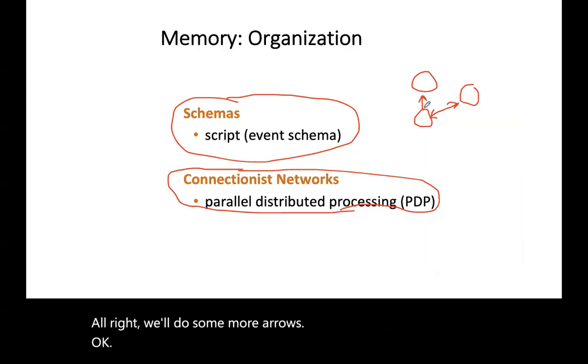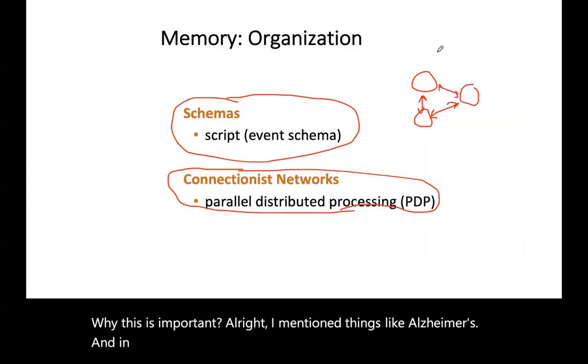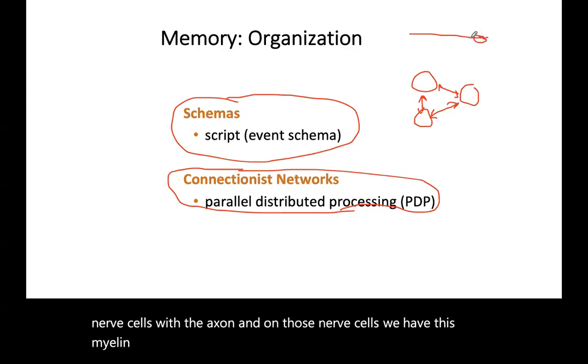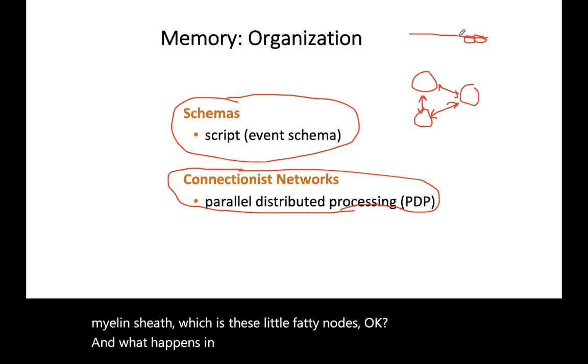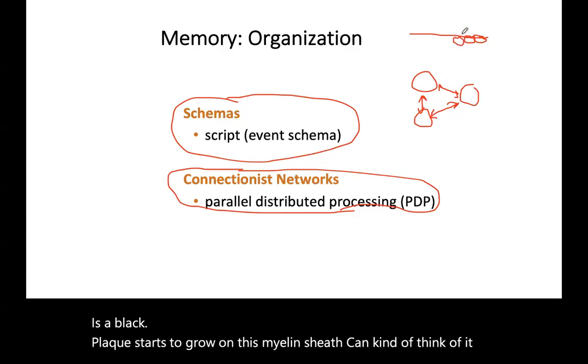Okay. Now, why this is important, I mentioned things like Alzheimer's, okay? And in Alzheimer's, basically what happens is, you remember we have nerve cells with the axon, and on those nerve cells, we have this myelin sheath, which is these little fatty nodes, okay? And what happens in Alzheimer's disease is a black plaque starts to grow on this myelin sheath. You kind of think of it as almost like rust.